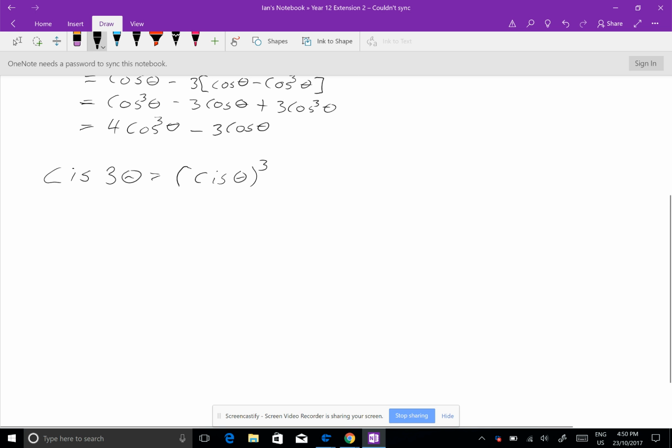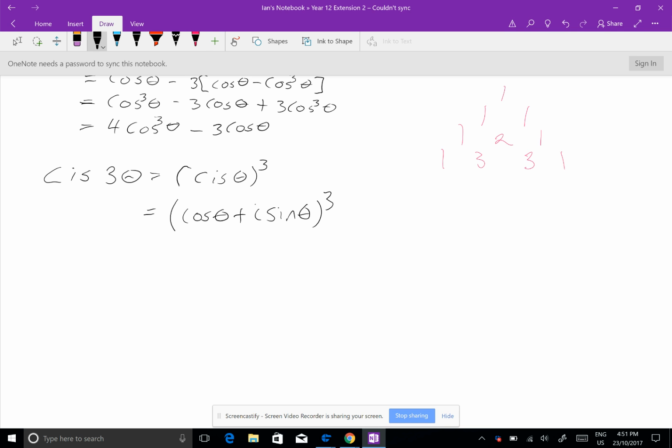And over here, we'll quickly do Pascal's triangle: 1, 1, 1, 1, 2, 1, 1, 3, 3, 1. That's as far as we need to go. And we know that cis theta is cos theta plus i sine theta, all cubed.